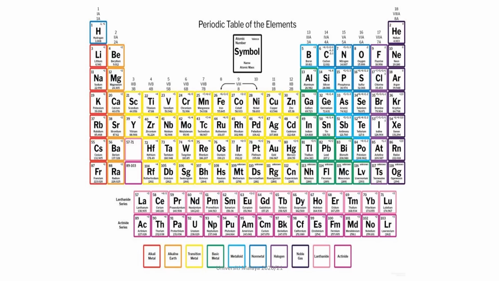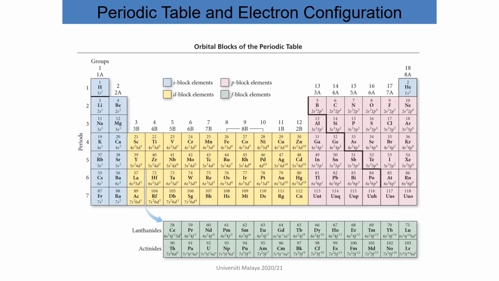This is a periodic table you are already familiar with. As you know, you have metals, metalloids, and also non-metals. You also have the transition elements in the periodic table. So what is new for our topic? In this topic, the periodic table is divided into several blocks which have some similarities.